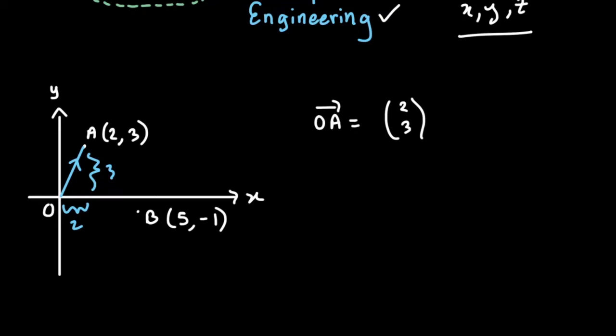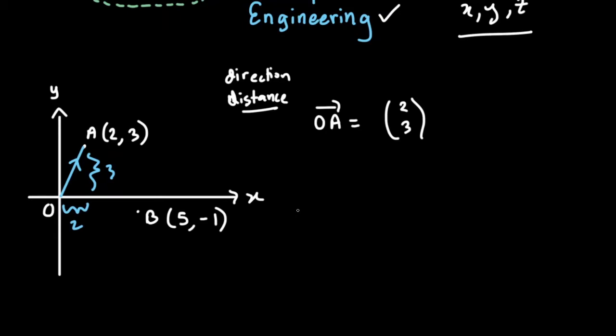Note that the vector represents the direction as well as the distance. Note that the magnitude of the distance can be calculated from this vector, but I haven't taught you yet. I will do so in the upcoming videos.